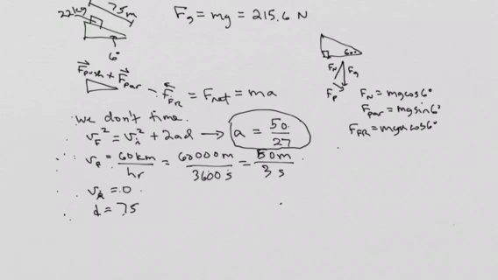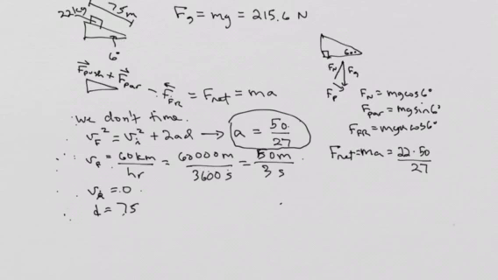We know now that F sub net equals ma, and we know both of those things. The mass is 22 kilograms, and the acceleration is 50 over 27, as I wrote right here.